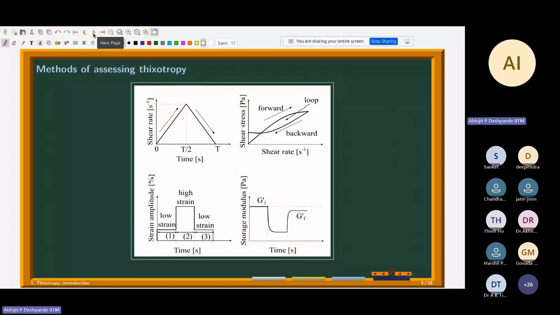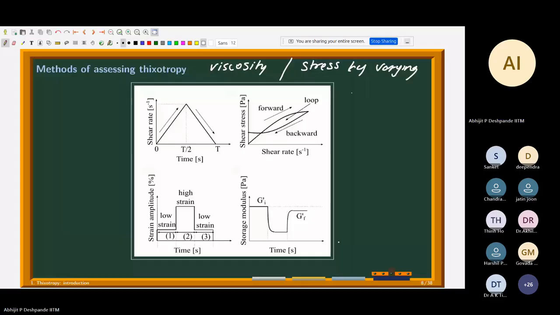So let's first quickly look at how we assess whether a material is thixotropic or not. Many of you would be exposed to this particular definition, where we measure the viscosity of the material by doing an experiment where we measure the shear stress by varying shear rate.